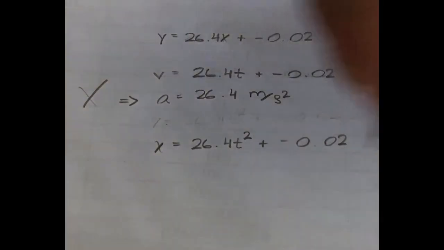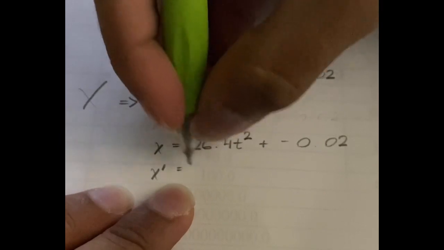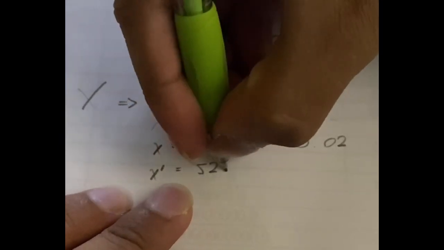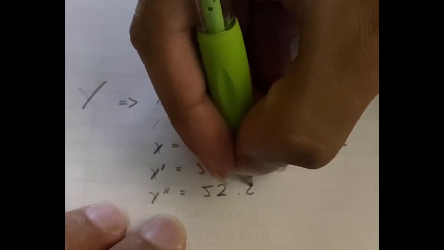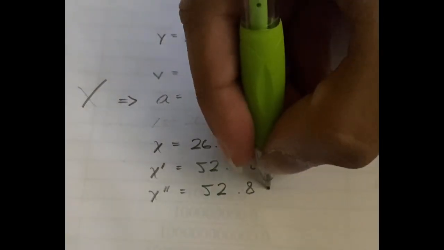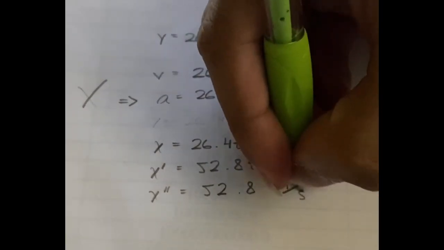I could then find the acceleration by finding the second derivative. I would then find that the acceleration is 52.8 meters per second squared, which is the correct answer choice.